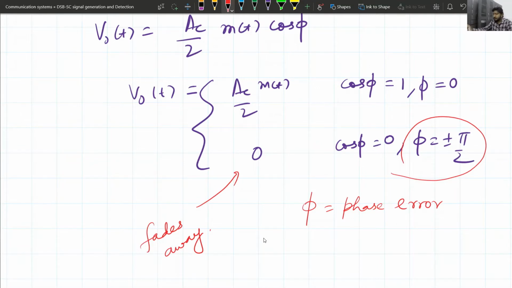That is why coherent or synchronous detection can only be used when there is no phase error, or the local oscillator and the carrier are exactly synchronized in both frequency as well as phase.